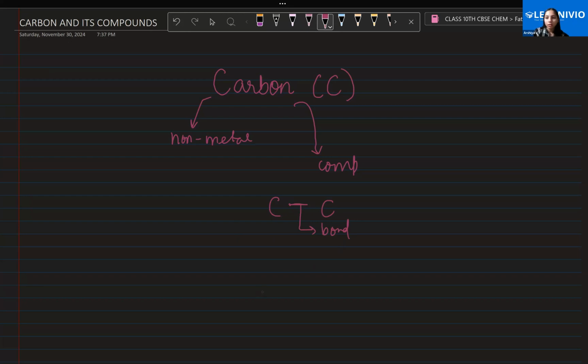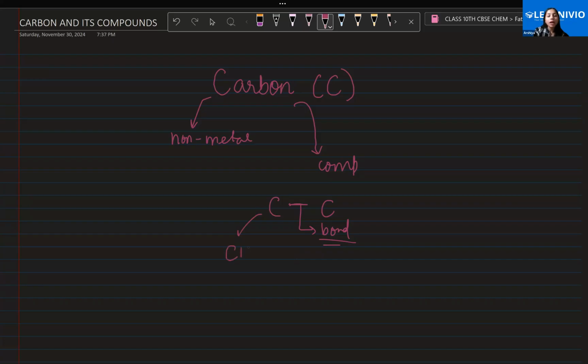Ma'am, can any other element join with carbon and then it's called a bond? Yes, a bond is for every element. If two same elements join, they form a bond. If two different elements join, it is also called a bond. And if carbon joins with some other element, it's also called a bond. You might have heard about organic chemistry.